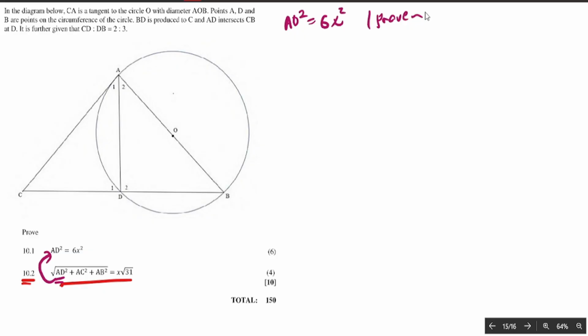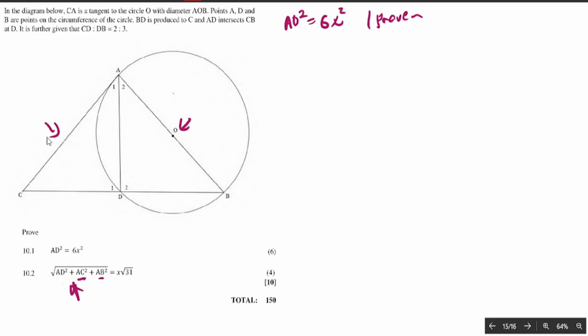So you already know AD squared, and in this case, you just want to simplify this equation. For you to do that, let's take what we have and try to remove what we don't have. Here we have AD, and AC and AB are these sides here.